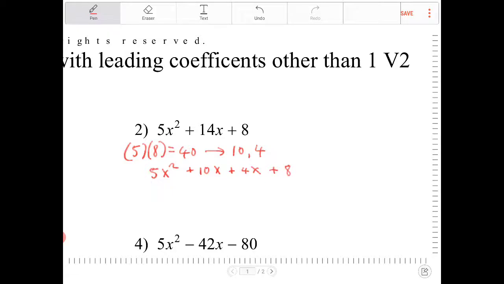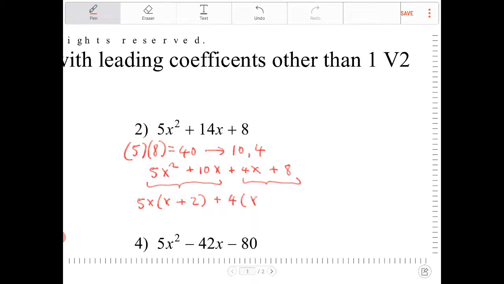By inspection, the GCF on the first half is 5x, and I have x plus 2, plus the GCF on the second half, which is 4, and then I have x plus 2. Then the GCF overall of the entire expression is x plus 2, so I have x plus 2 times 5x plus 4.